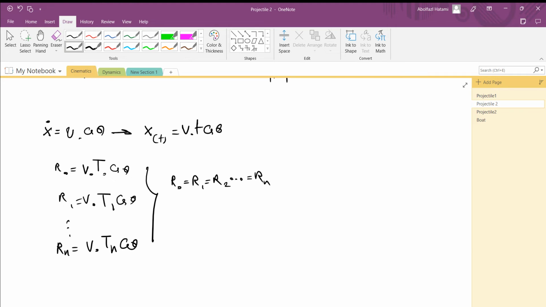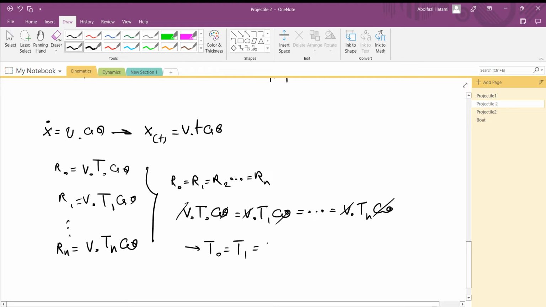So our v0 t0 cosine of theta should be equal to v0 t1 cosine of theta, and also it should be equal to v0 tn cosine of theta. We can divide all of these equations by v0 cosine of theta, and we understand that t0 should be equal to t1 and it should be equal to tn.